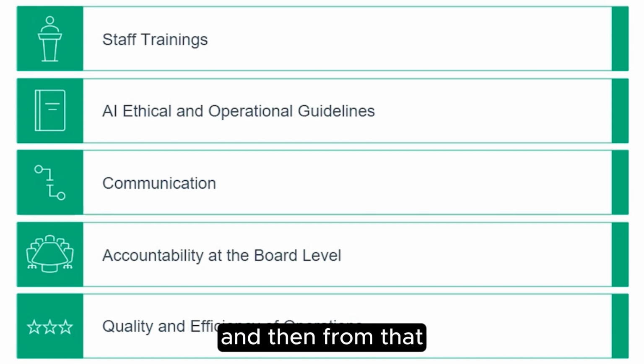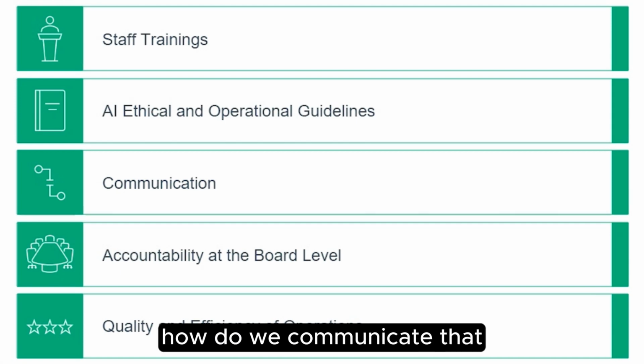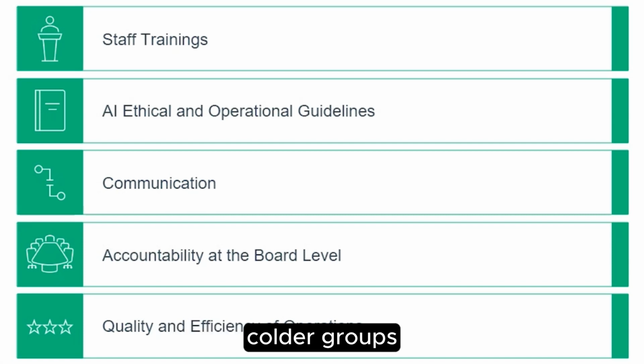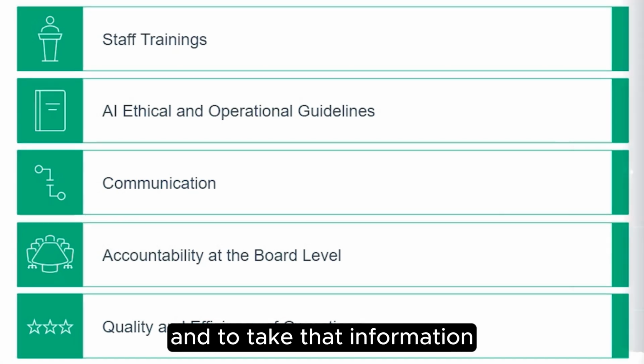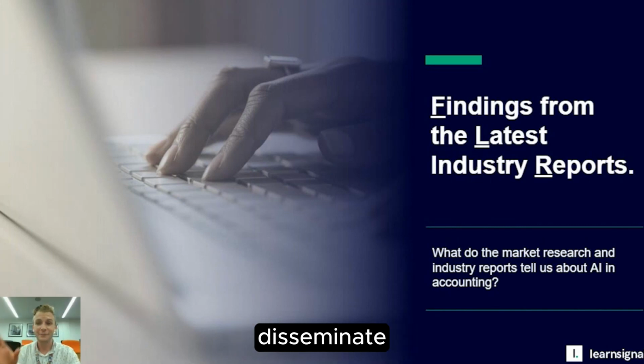And then from that, how do we communicate that to our stakeholder groups, internal and external, also the board as well, so that they are kept in touch? So this is where you as an individual are the entity who provides value, whether it be to clients or to other people in the organization, and takes that information and disseminates it correctly.